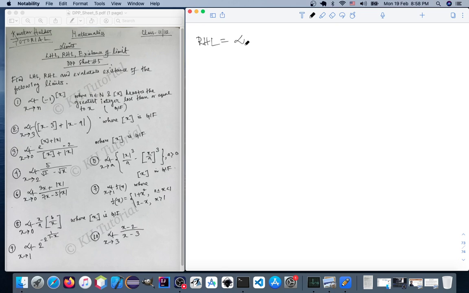RHL is limit x tending to 1 plus f(x) equals limit h tending to 0 f of 1 plus h.